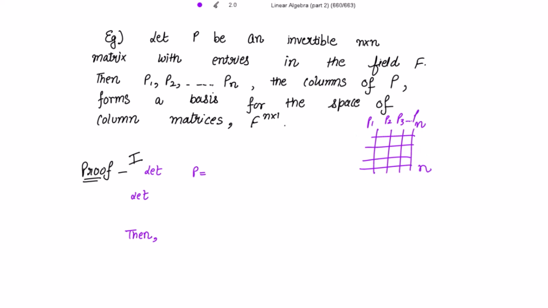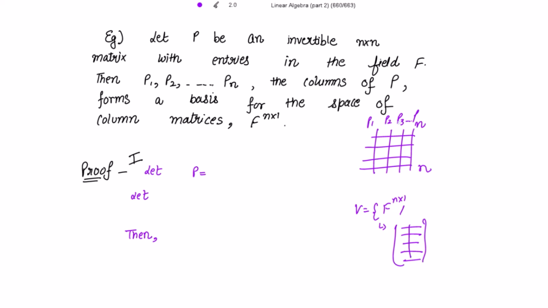I have to show that these columns of P form the basis for the space of column matrices F^(n by 1). So what kind of space do I have? The column matrices F^(n by 1), which means matrices with n rows and only 1 column.